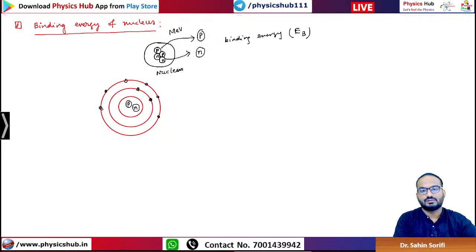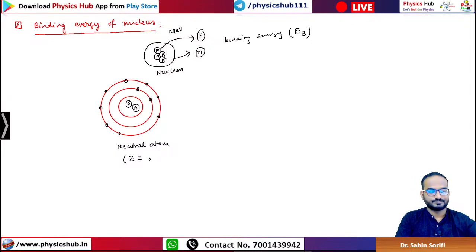The number of electrons will be equal to the number of protons. For a neutral atom, the number of protons is equal to the number of electrons.